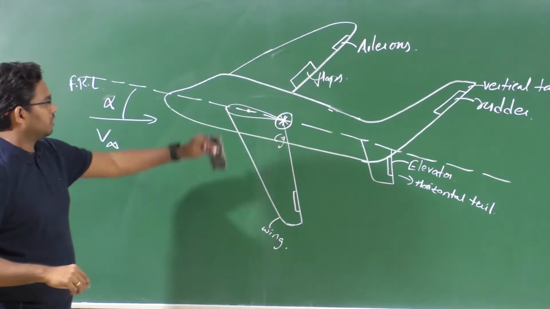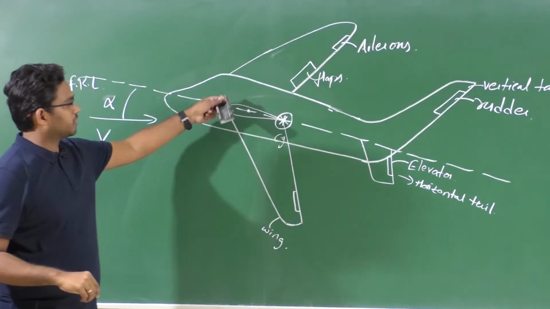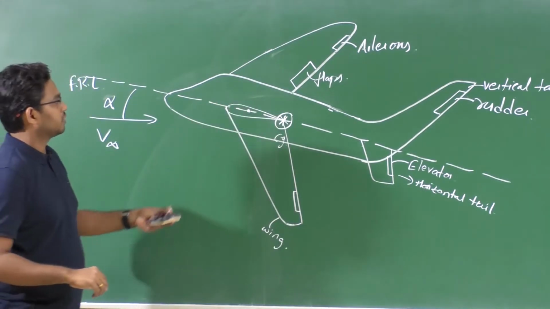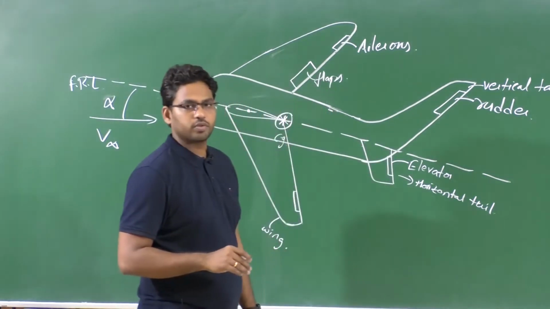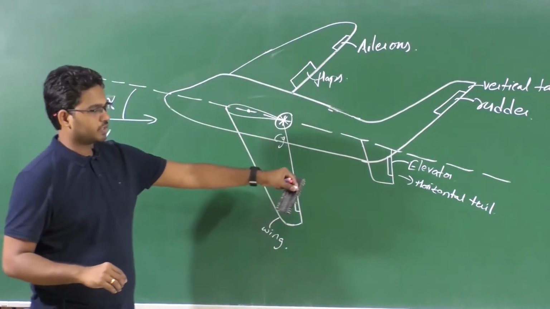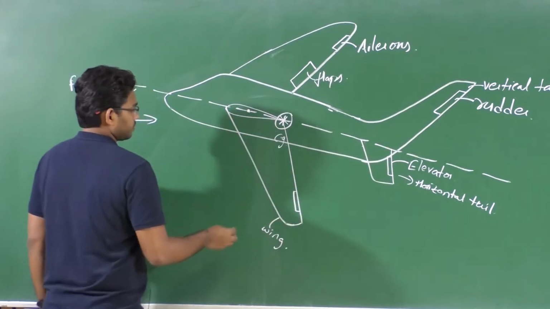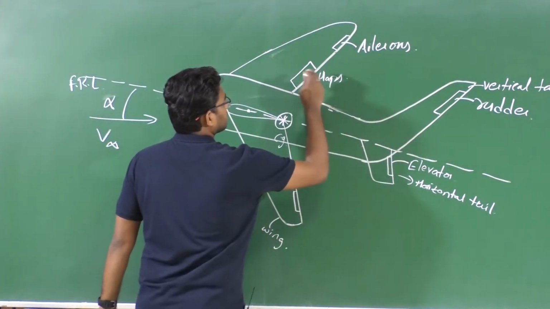So flaps are majorly to enhance the lifting characteristics while takeoff and landing, whereas ailerons, rudder and elevator are to control the orientation of the aircraft throughout the flight. So we call them control surfaces. So these are the moving components here, right?